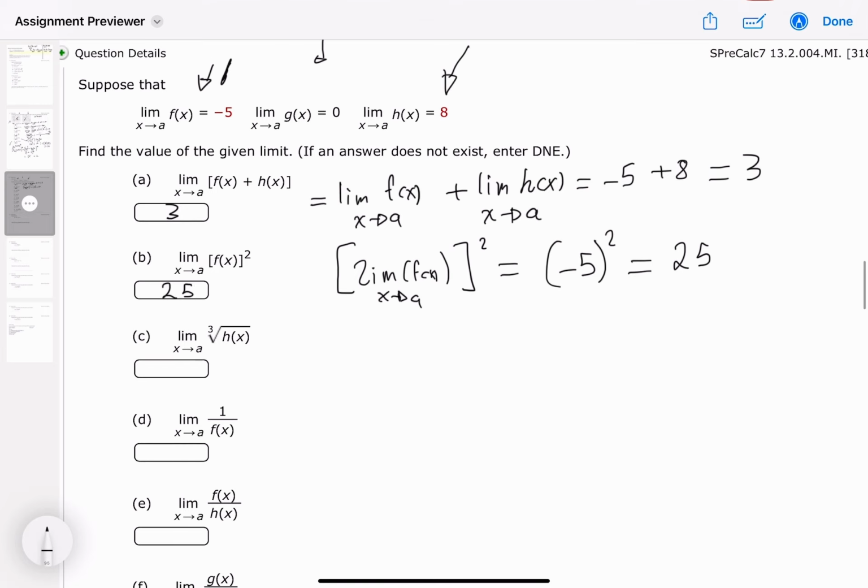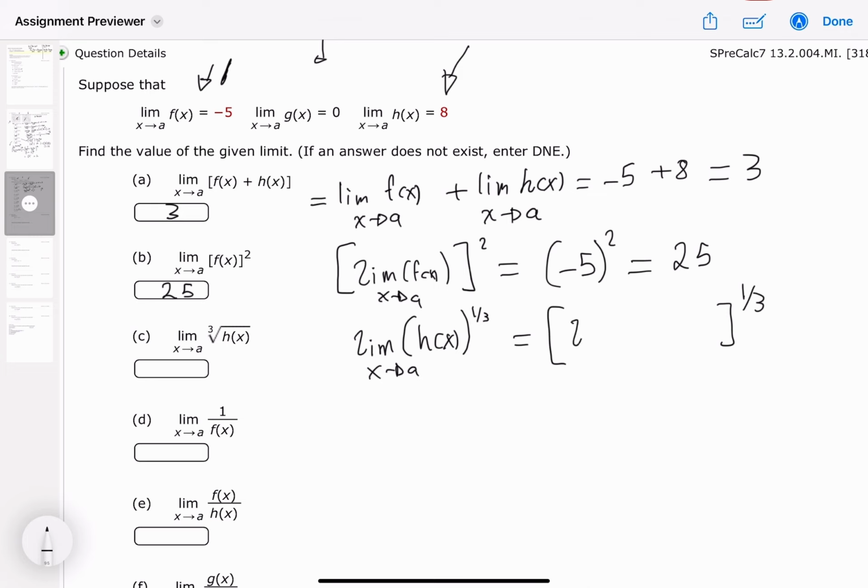Third one is pretty similar. I have to rewrite this as the limit as x approaches a of my function h of x. Instead of writing that cube root, I will write it as an exponent of 1/3 here. And then just as I did in the last exercise, I will take the exponent out. You see? Writing it out.